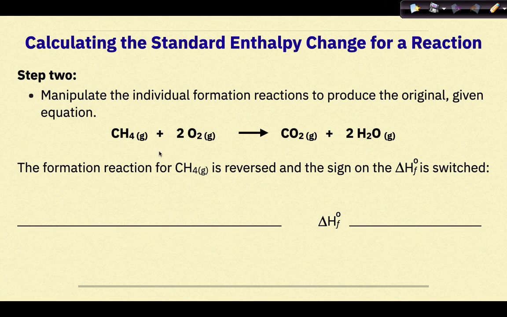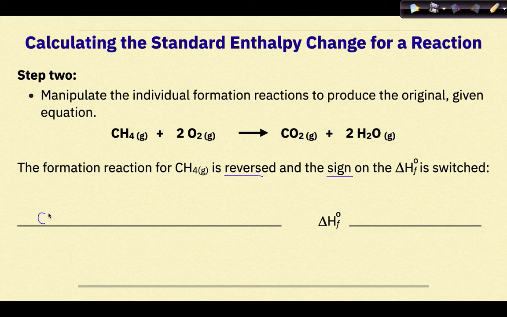Absolutely super critical that everything is 1 mole as a product. So now we have all these heat of formation reactions. Step 2, manipulate the individual formation reactions to produce the original given equation. So if we think about what we just did with the formation reaction for methane, now we're going to take it and reverse it, and as a result, the sign on the heat of formation is switched.